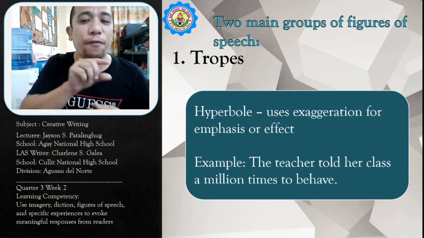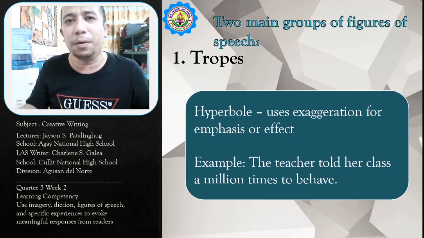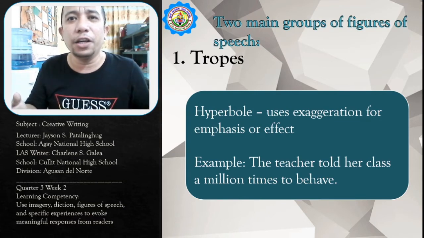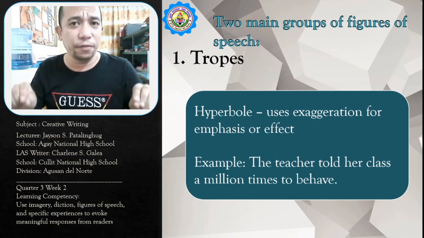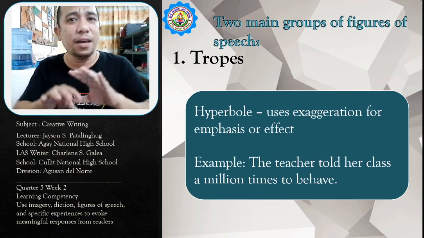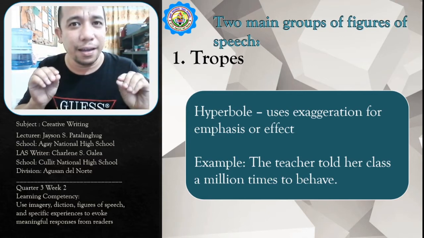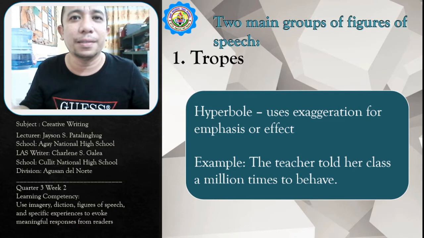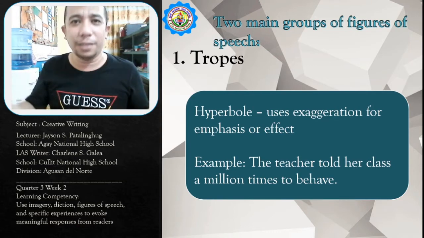The phrase 1,000,000 times is impossible. You can't say words 1,000,000 times, but you are exaggerating it to emphasize that you are saying it multiple times. Instead of saying multiple times, you exaggerate it as 1,000,000 times.